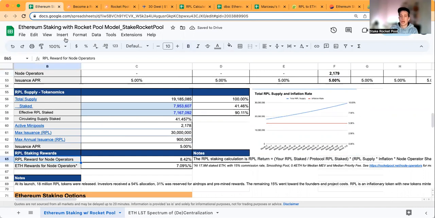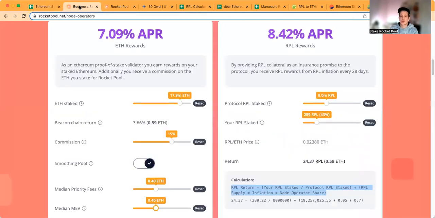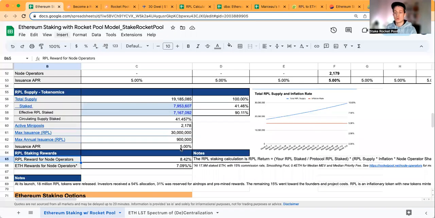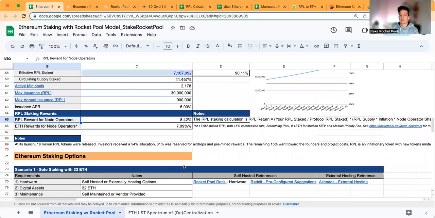We highlighted this again in the Rocket Pool node operators, where we're just breaking this down to show you that you can earn 7% in ETH, which is a lot more than you can earn anywhere else, as well as 8.4% or more, likely less as more RPL is staked, but dual rewards that you're going to be able to earn by being a Rocket Pool node operator. So we highlight that there and how we came about it.